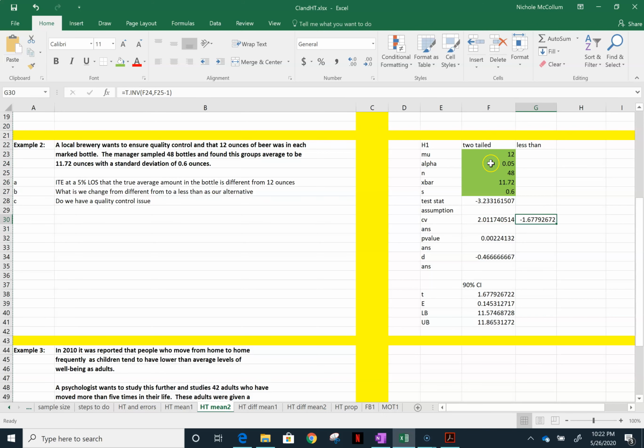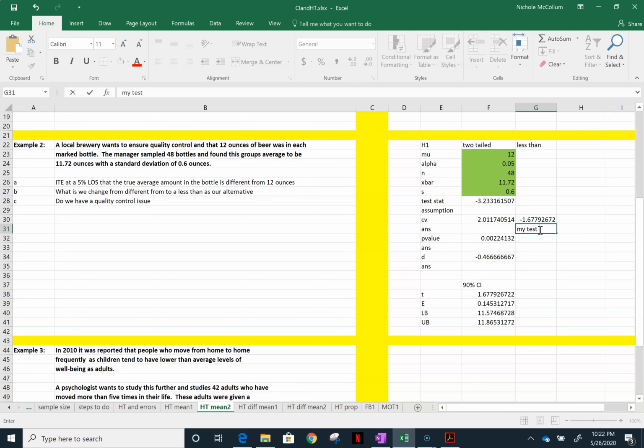Alpha is always positive, so when I plug alpha into here, t inverse of an alpha will always be negative. Why? Because, again, if you're looking at a less than, you're looking at the left side. If you look at the left side one tail, it'll always be negative. So what's my answer in this case? Well, my test statistic is still under the critical value.